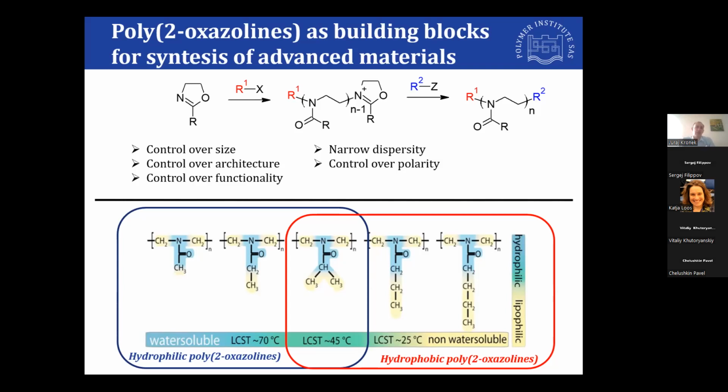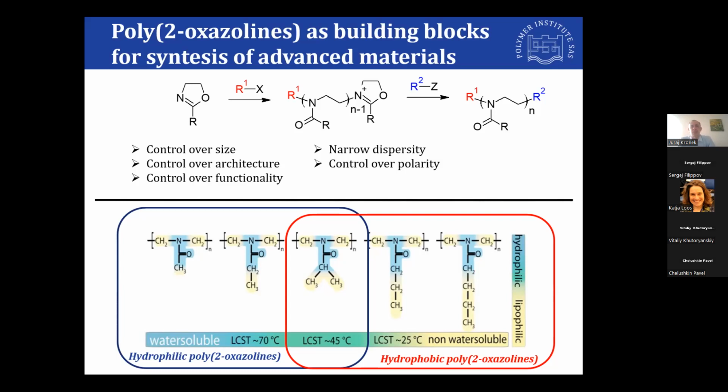The main advantage is the preparation via living cationic polymerization, where you can control size and architecture, and you can introduce different functionalities as end groups or in the side chain.